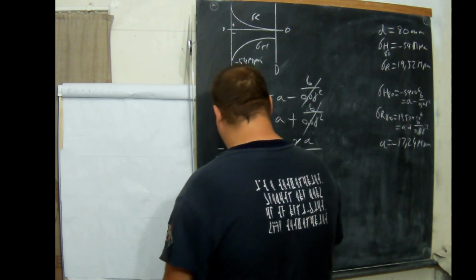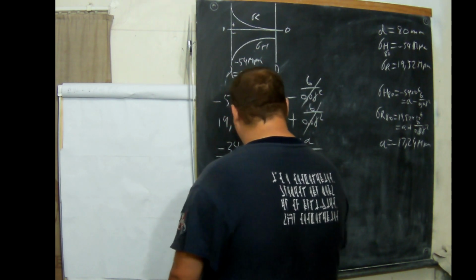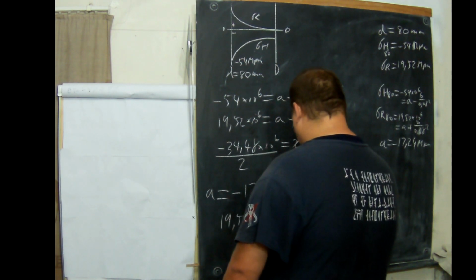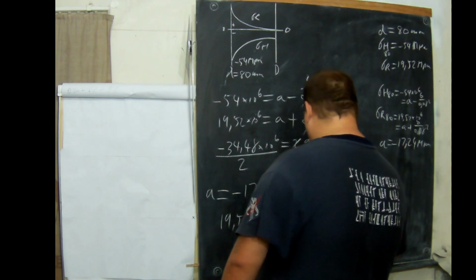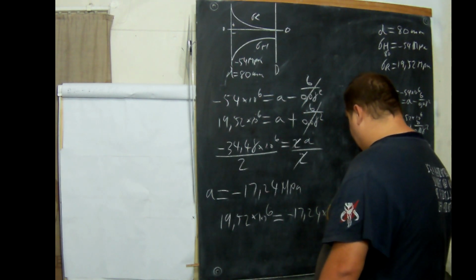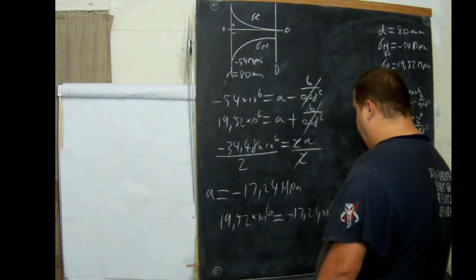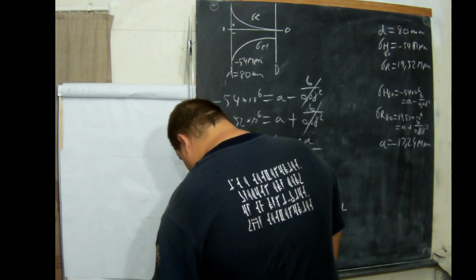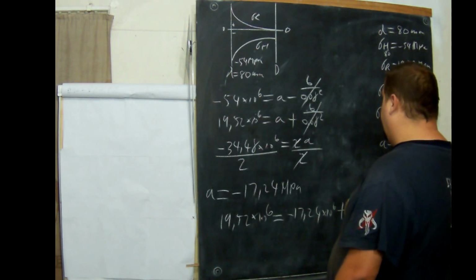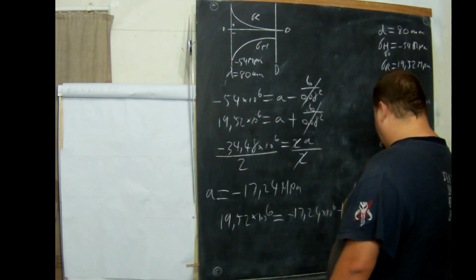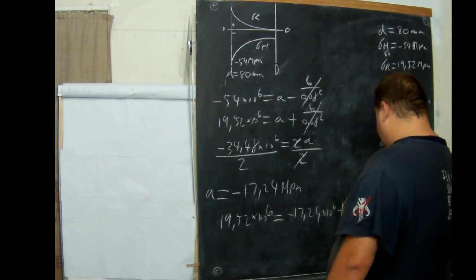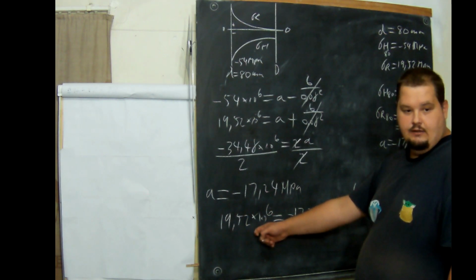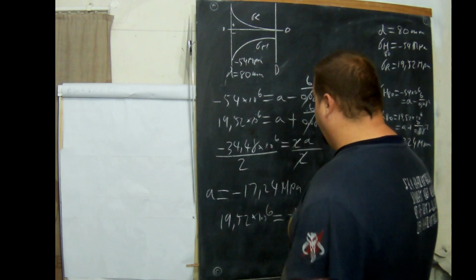So, 19.52 times 10 to the 6 equals A, which is minus 17.24 times 10 to the 6, plus B over 0.08 squared. Now what we're going to do is bring this over to this side, so it becomes 34.48.